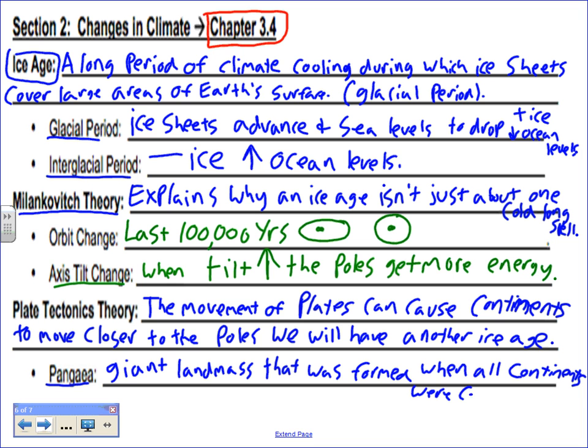So at one time, all of our continents were connected. You didn't have North America or Europe. You had Pangea, which was all of them connected together.